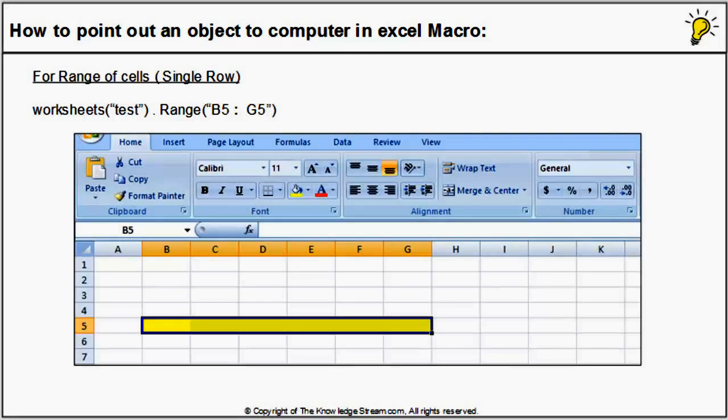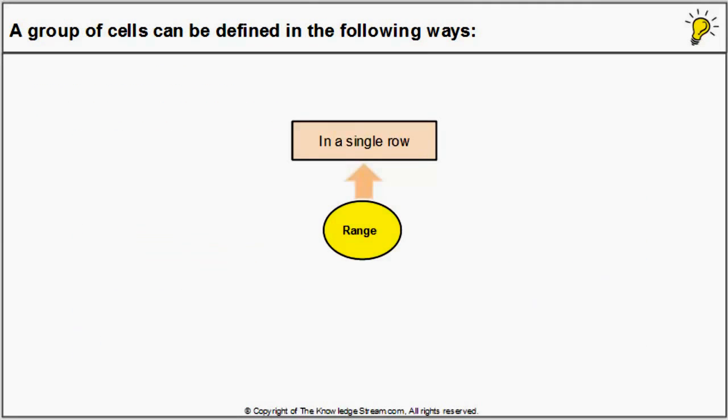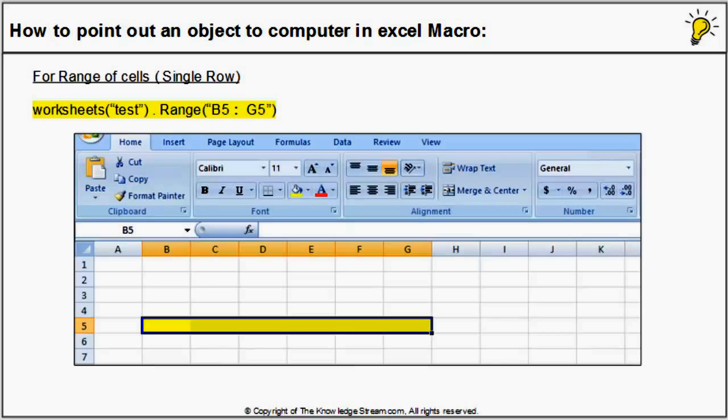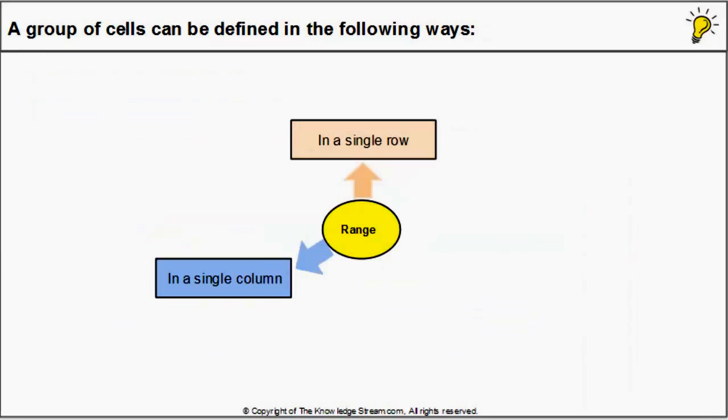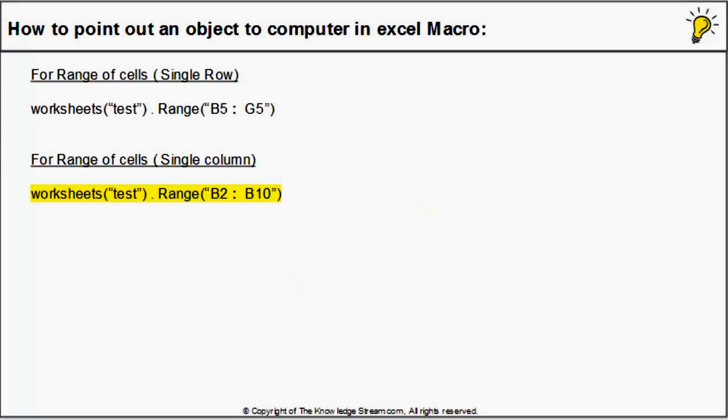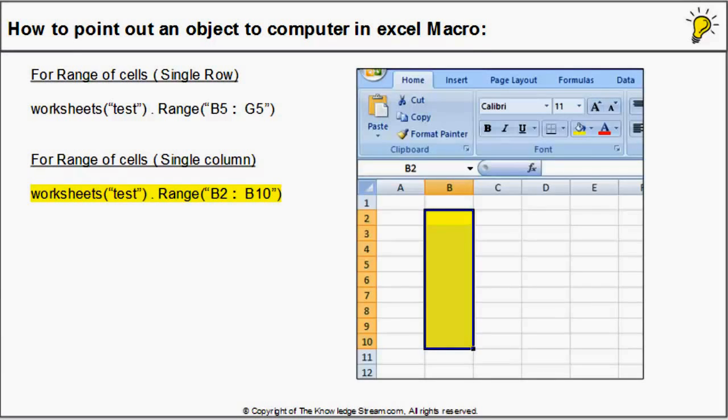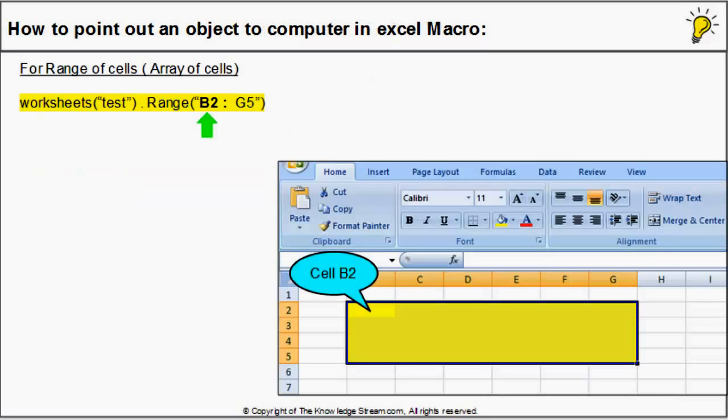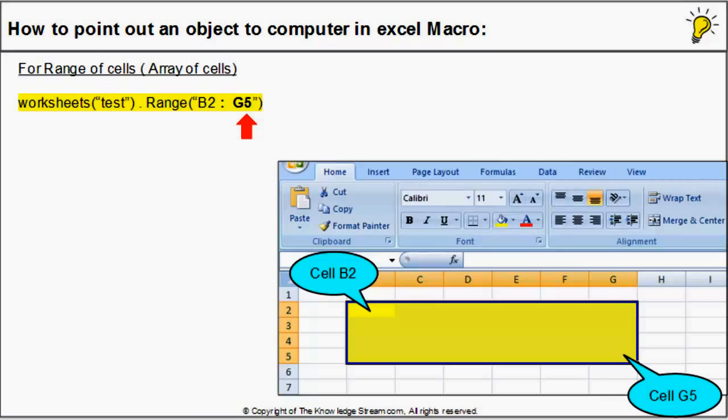The range could be in one single row as shown in the previous picture, like from B5 to G5, or maybe in a single column like from cell B2 to cell B10, or the range could be a square or a rectangle, where we start from the top left corner of the cell like B2 as shown on the screen and end at the bottom right corner of the rectangle or selection as the cell G5 as shown on the screen.